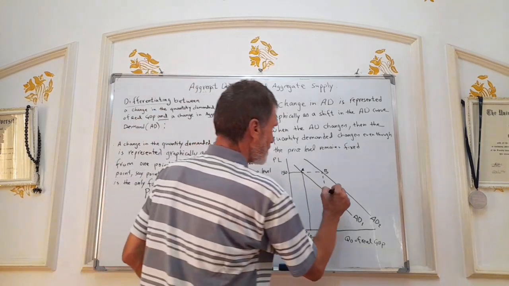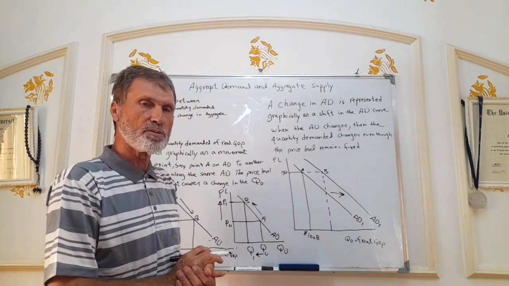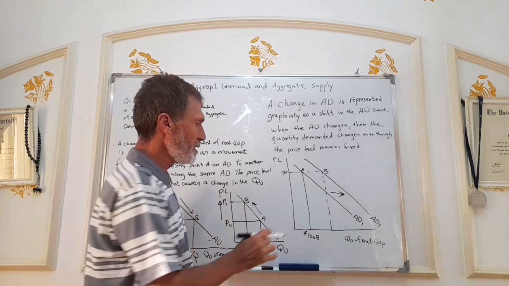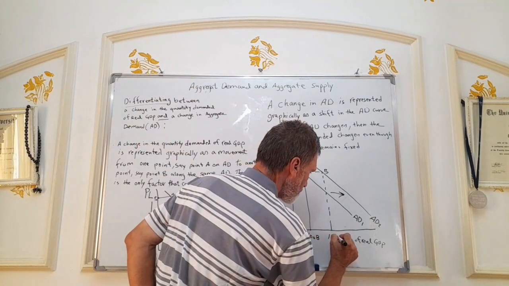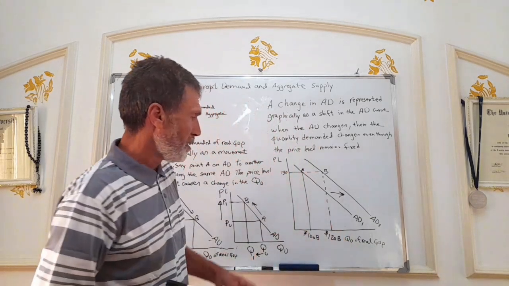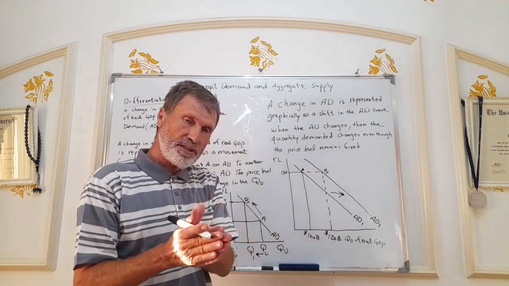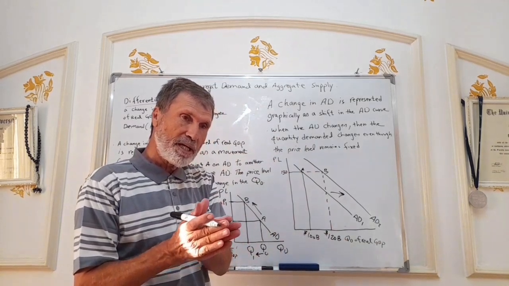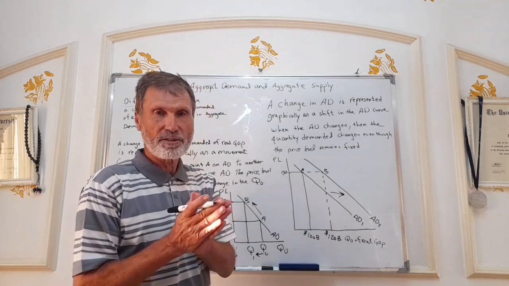However, the aggregate demand shifts from AD1 to AD2. So what happens to the quantity demanded? It increases to $120 billion. So the quantity demanded changes, even though the price level did not change.